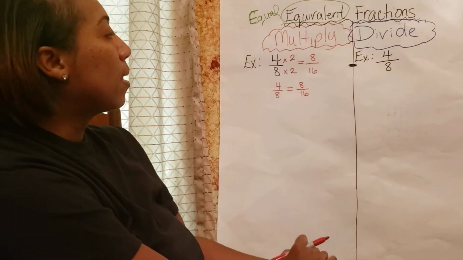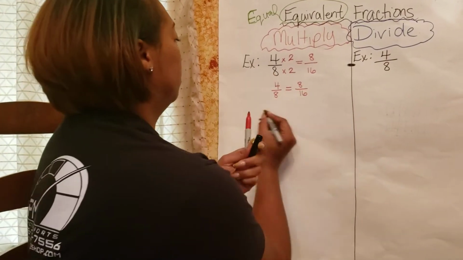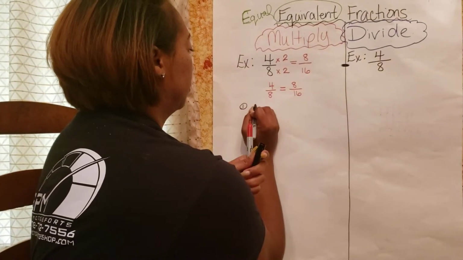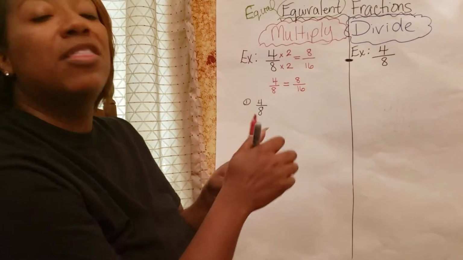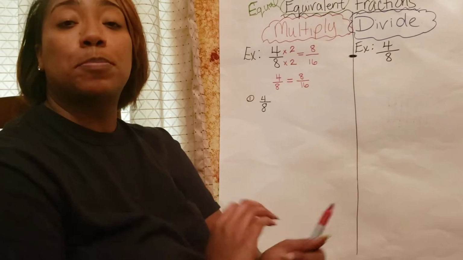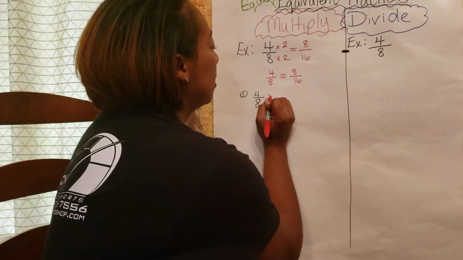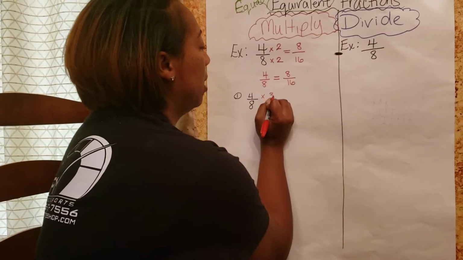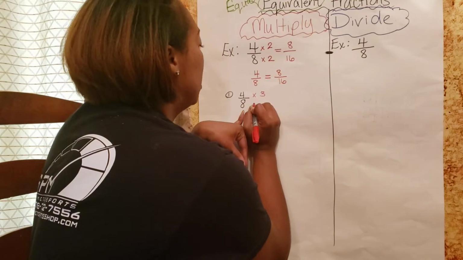Okay? Now I'm going to do another one. If I wanted to take 4/8 and make another equivalent fraction, I could multiply it by 3. So 4/8 times 3, I would do it to my numerator as well as my denominator.